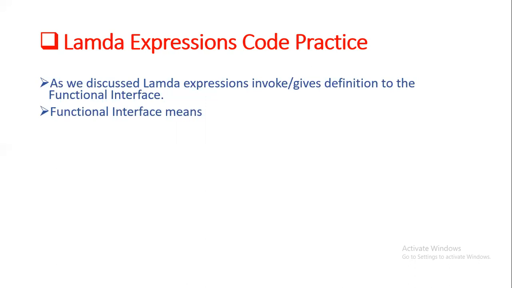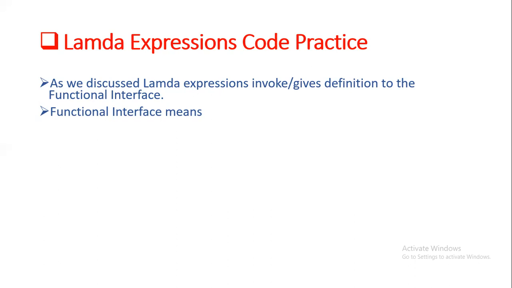Only in rare cases do we use lambda expressions without a functional interface. From my point of view, to work with lambda expressions, functional interfaces are directly or indirectly involved. That's it.